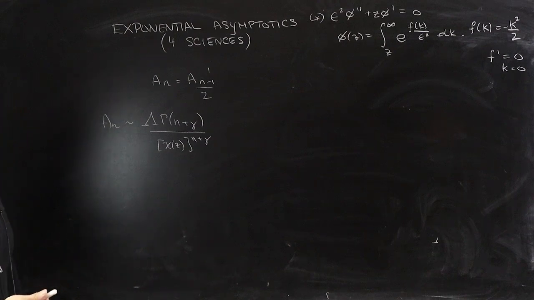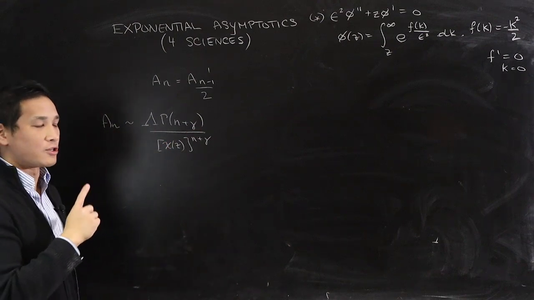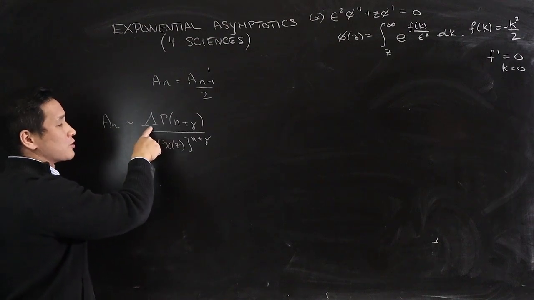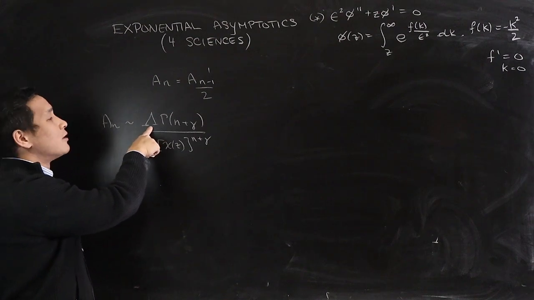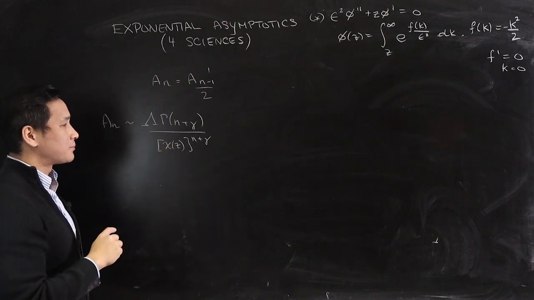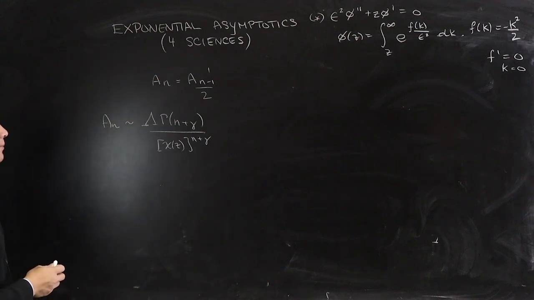For now, I'm making the assumption that this gamma and this lambda are just constant. But in general, for more complicated problems, this will certainly not be the case. This function should be a function of z itself. For this case, it is constant. And so for simplicity, I'm just going to assume it to be as such.